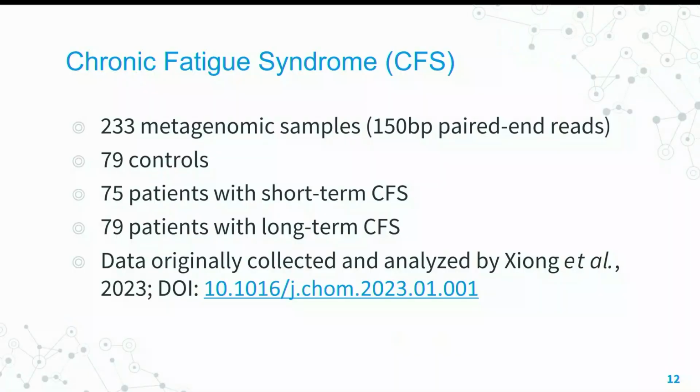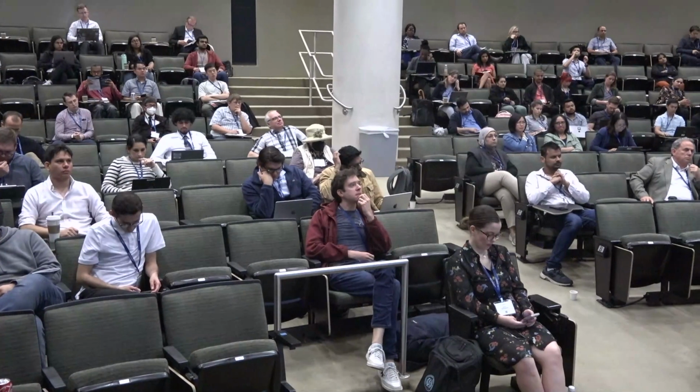So we took a look at this chronic fatigue syndrome data set previously published by Xiong et al. in 2023. Really nice data set, very well curated metadata. Part of the reason why we picked the data set is that we could take what was published before as the ground truth and see whether we can pull out similar biomarkers.